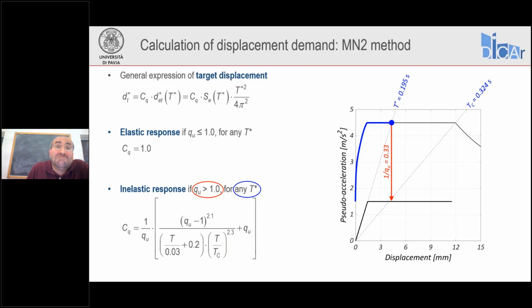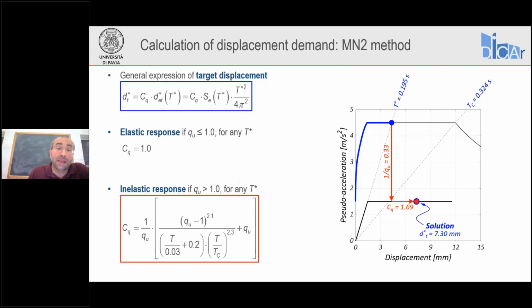Now there is not even need, as I said, to see if the period T star is greater or smaller than the corner period TC, because we just apply the C sub Q relationship, and in this case, it gives us 1.69. So we multiply this times the elastic displacement demand, and we find D star T equal to 7.3 millimeters.